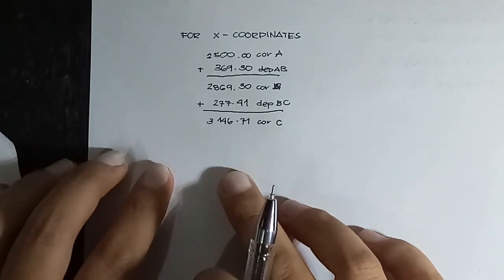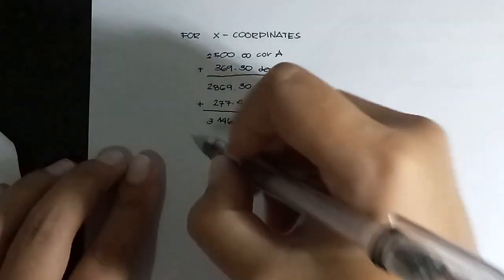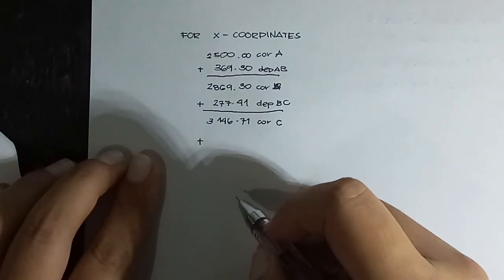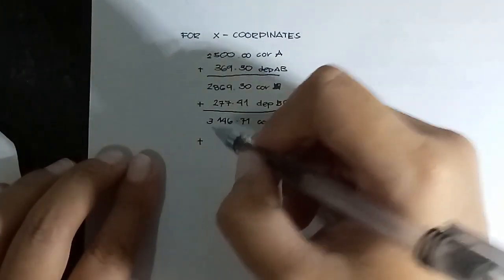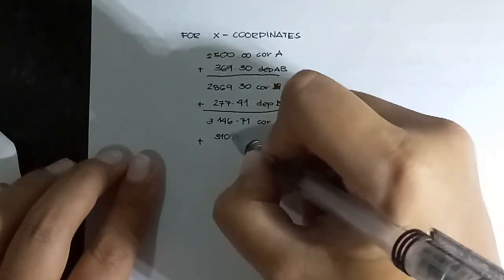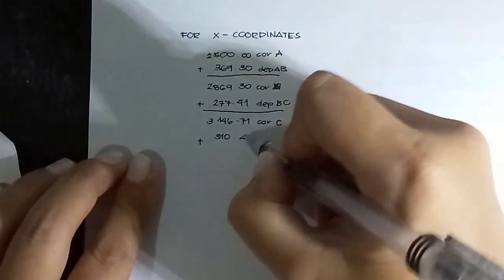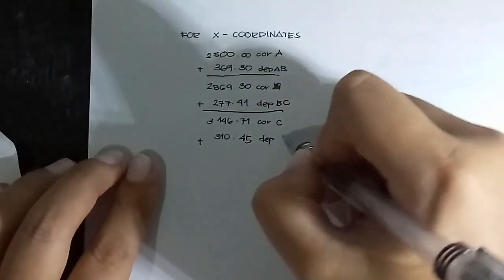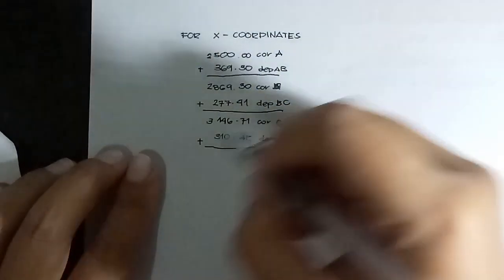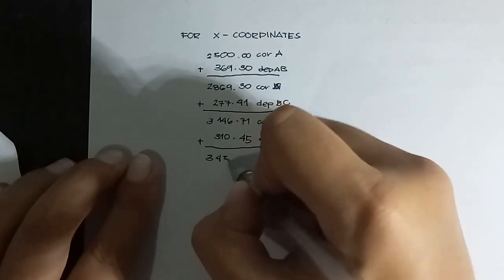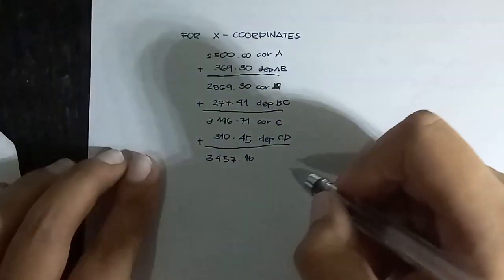So, makikita natin na nasa east siya ulit. So, ang gagawin natin, i-add ulit natin yung value nun, which is 310.45. Departure ng CD. Yung total niya ulit is 3,457.16.